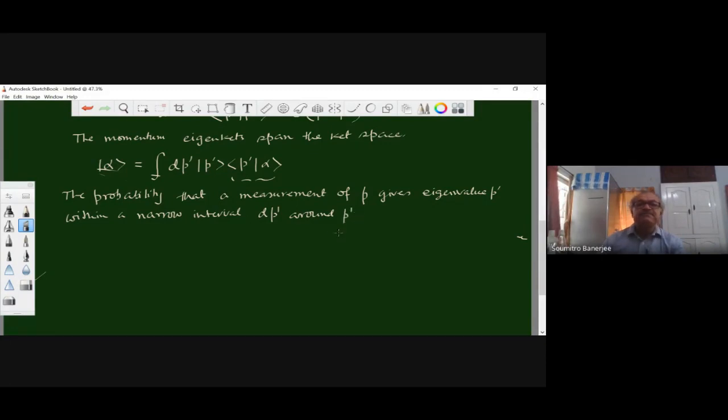Okay, and therefore the inner product of p prime with alpha, so alpha's projection on p prime, its mod square times dp prime is the probability. Okay, so this is the probability that a measurement of p gives eigenvalue p prime within a narrow interval dp prime around p prime. So that is the physical interpretation of this quantity.